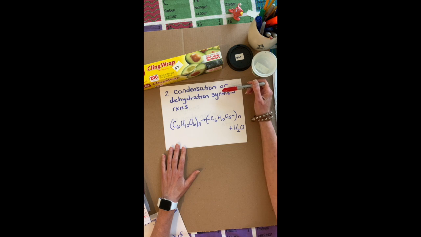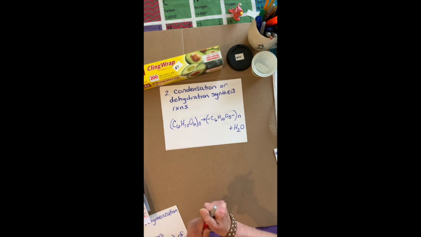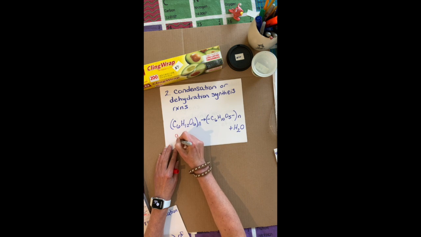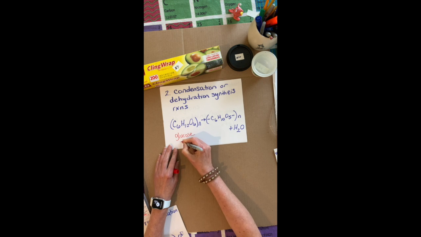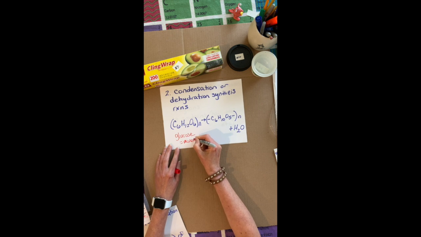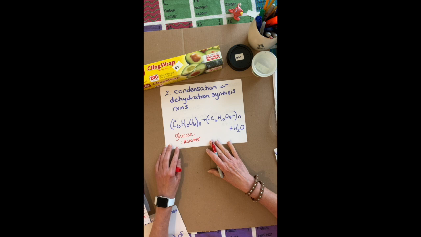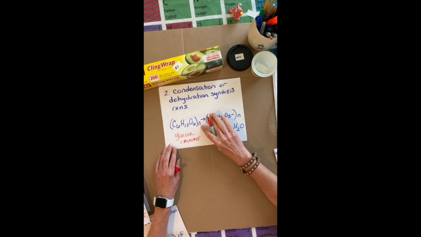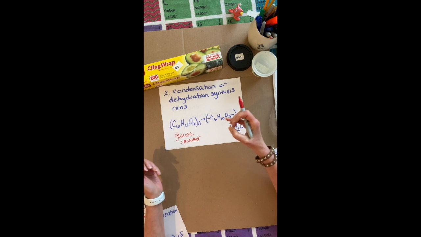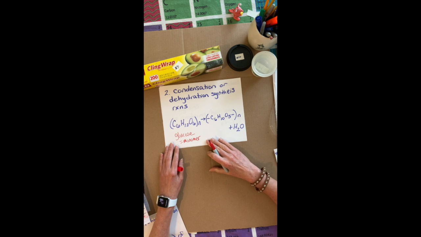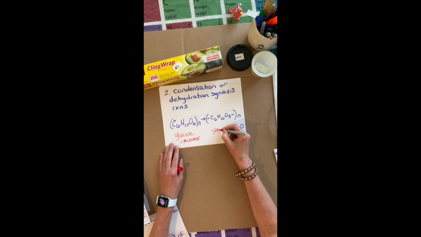In these, again, we have monomers. This monomer is glucose. And we have n number of glucose molecules that will be linking up and bonding together to make a huge starch.